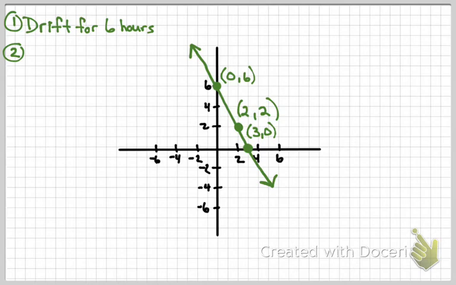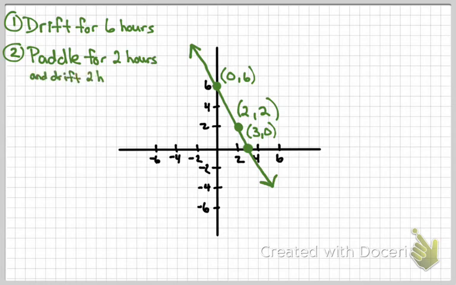So instead of it taking 6 hours for me to just kick back and chill, let's say it's 2 o'clock and dinner's at 6 o'clock. Well, if I take 6 hours, I'm going to miss dinner, right? So I'm going to paddle part of the way, and then I'll drift. So maybe I'll take some breaks, so I'm not totally exhausted by the time I get done. Paddle for 2 hours, drift for 2 hours. Now I make it for dinner.